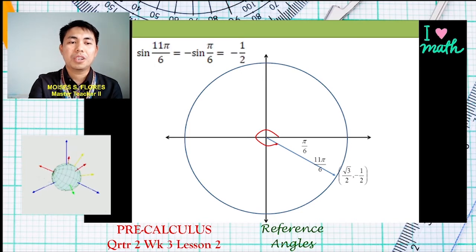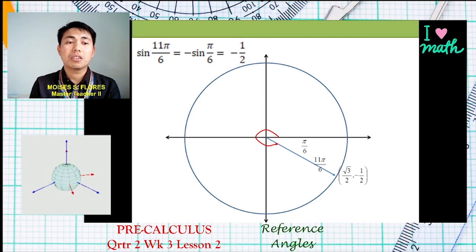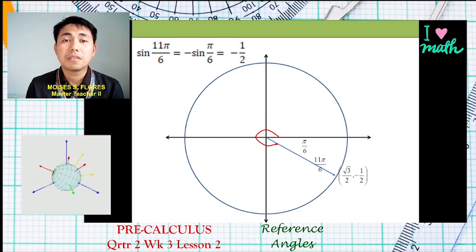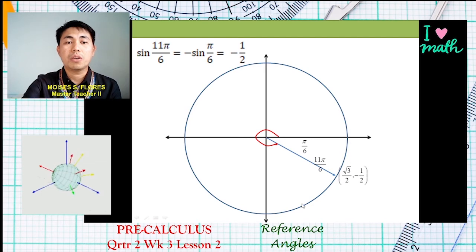Therefore, if we determine the reference angle and then the exact value, sine 11 pi over 6 is simply negative sine pi over 6, because in quadrant 4, sine is negative. Sine is with respect to the y coordinate, so it is negative 1/2, as in our coordinates.